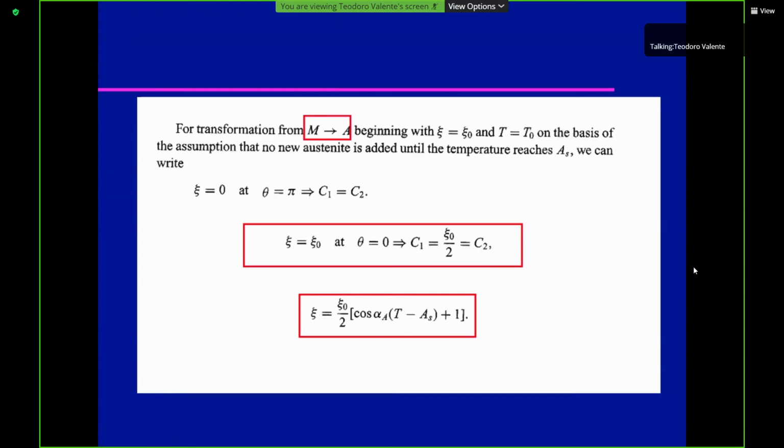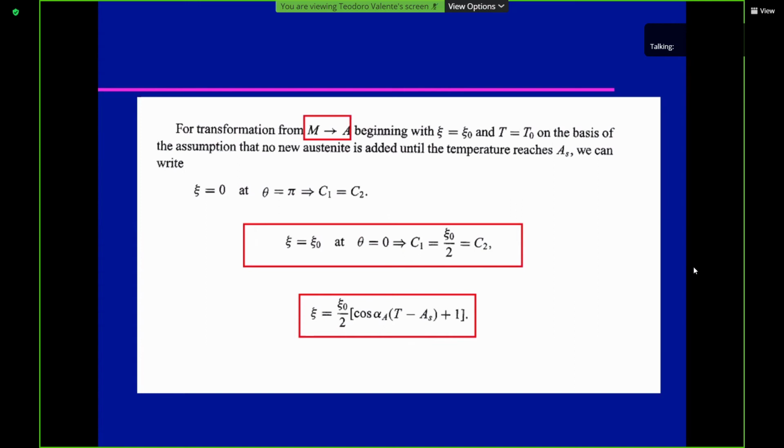And the same can be done for the martensite to austenite transformation, that is, when we are heating. In this case, the value of C1, by applying the boundary conditions which are reported on this slide, is equal again to the value of C2, and they are both equal to the value of Xi0, the original starting martensite percent, eventually divided by 100, divided by 2.